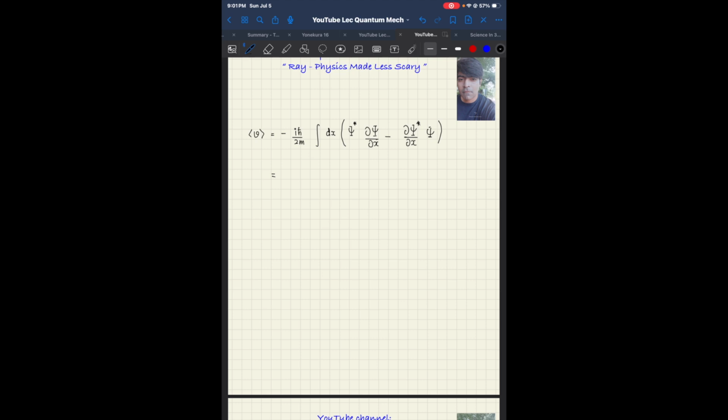Okay, so this I claim, again, you can use basically partial integration techniques, and this I claim is simply minus iℏ over 2m. I beg your pardon, not 2m, m.